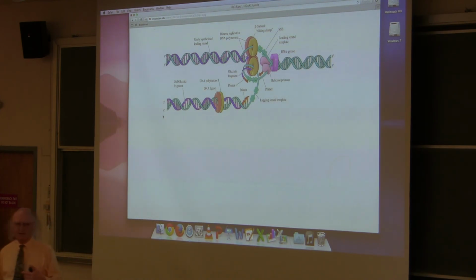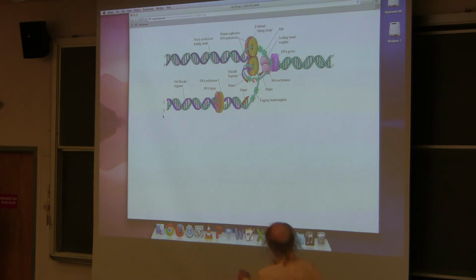Okay? So the DNA gyrase here is a topoisomerase. So topoisomerase is a class of enzymes, but they have the property of, in this case, relieving that tension in the DNA. Everybody with me? Okay.